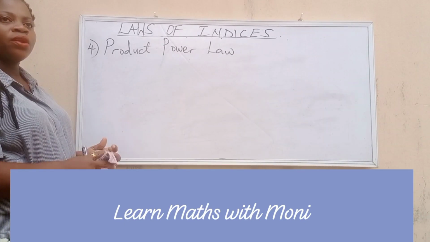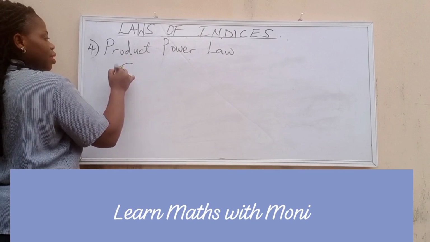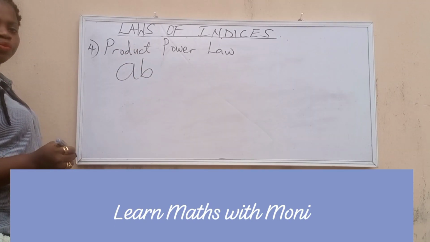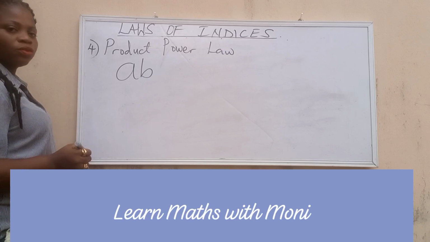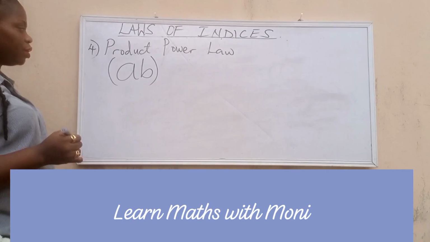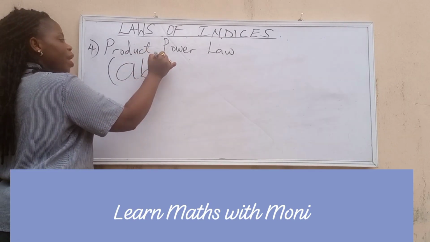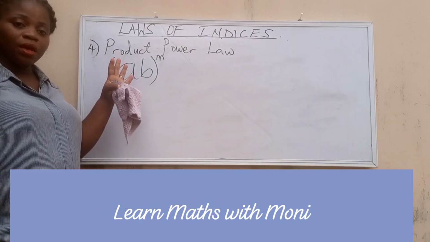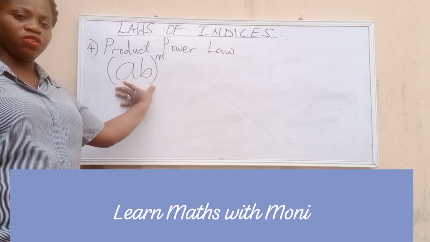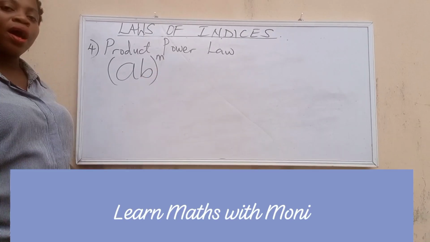The product power law is such that if I have AB, this product AB, both raised to the power of n. The bracket encloses this product and the entire thing is raised to the power of n.